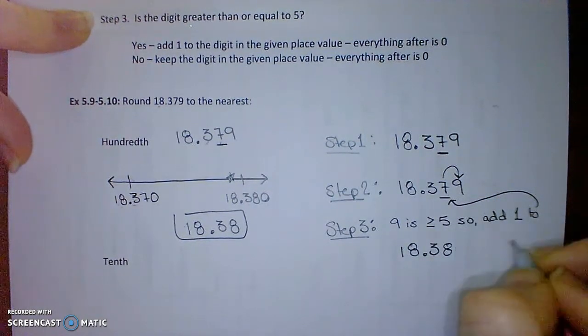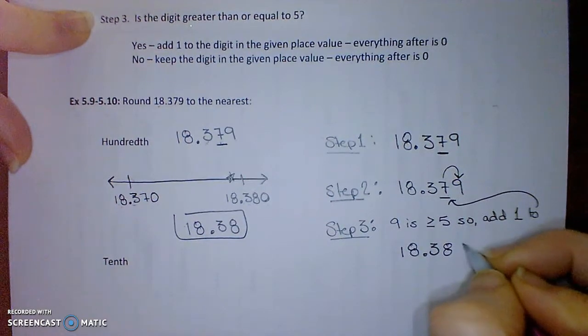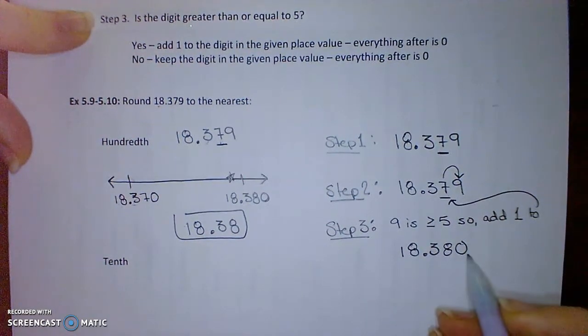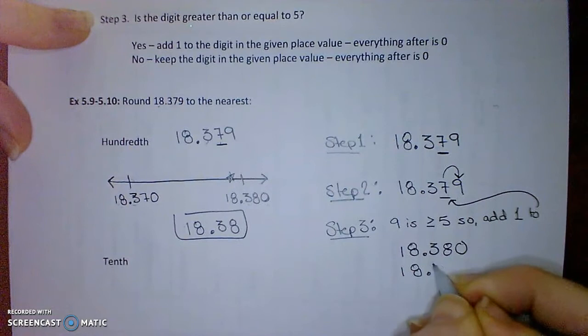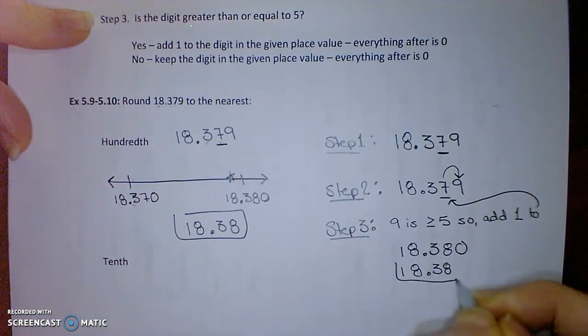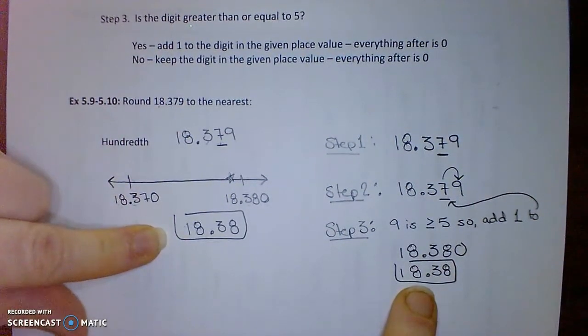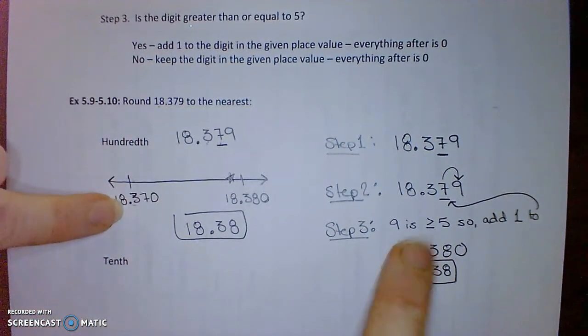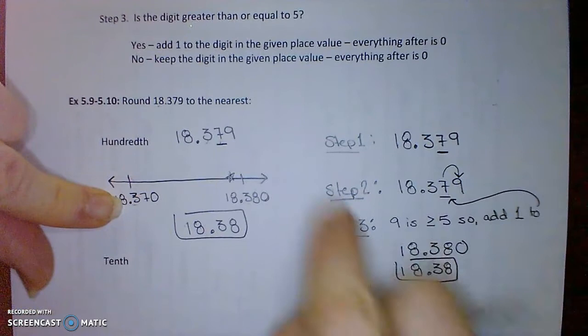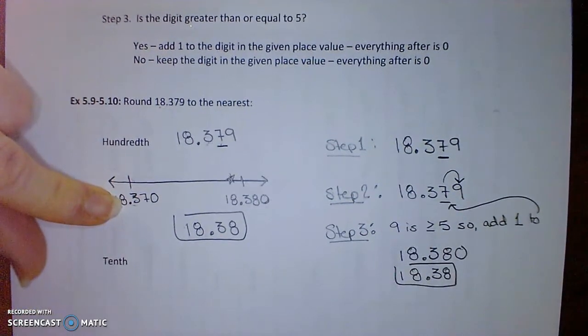And everything after it is a 0. And then notice you don't even have to write the 0. So really 18.38. Okay? We get the same answer, whatever method we use. So this is using the number line method. Here's using that other algorithm.